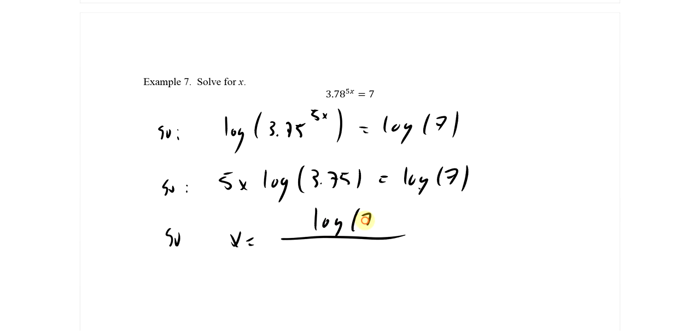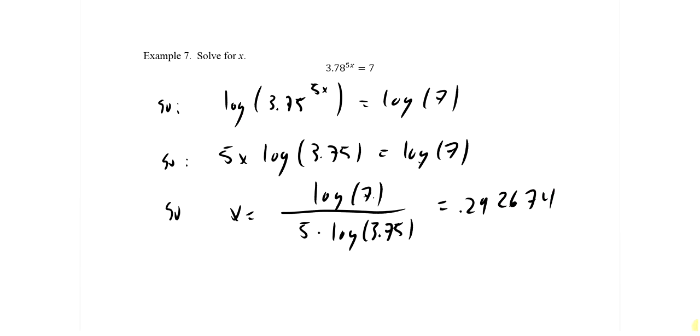Log of 7, and then 5 times log of 3.75 goes in the bottom. This is a number you can calculate using your calculator. 5, you know what that is. So you can plug that in, divide through, see what you get, and it should be 0.292674. This is done using log base 10.